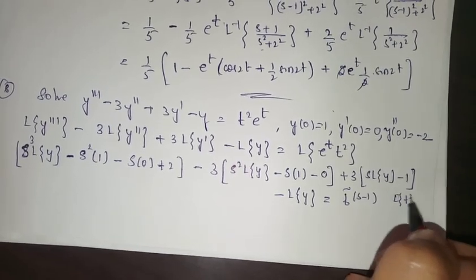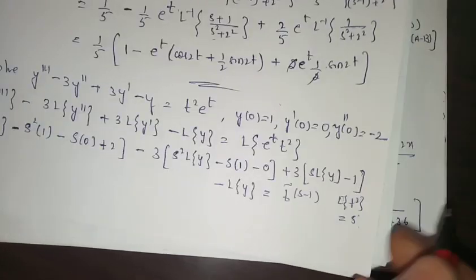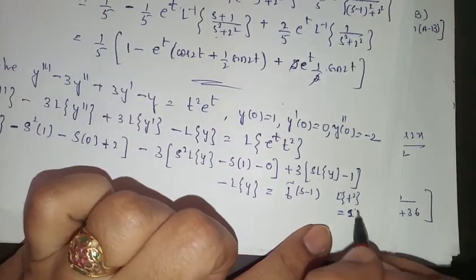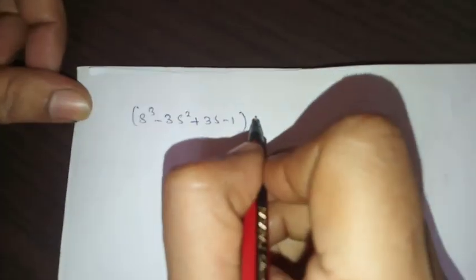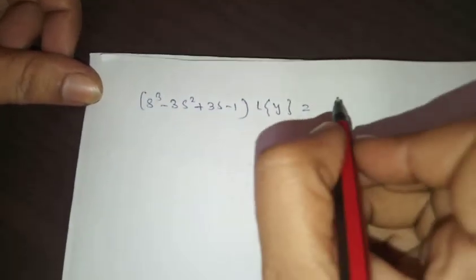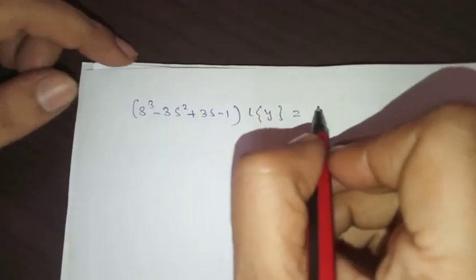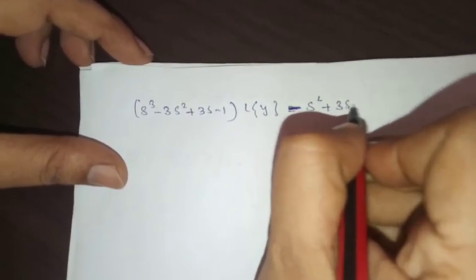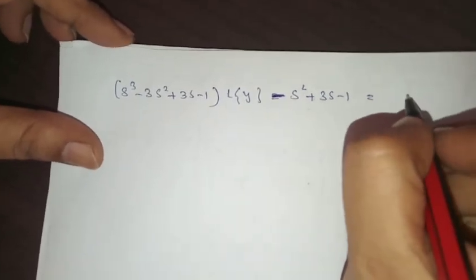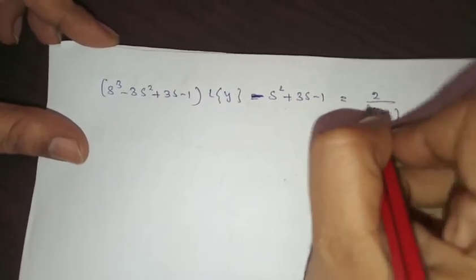Laplace transform of t square is 2 factorial by s cube. So this becomes s cube minus 3s square plus 3s minus 1 into Laplace transform of y equal to, substituting all those values, this is minus s square plus 3s minus 1 is equal to 2 by s minus 1 whole cube.